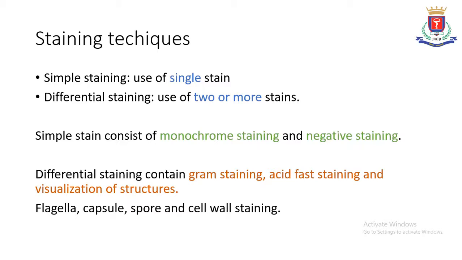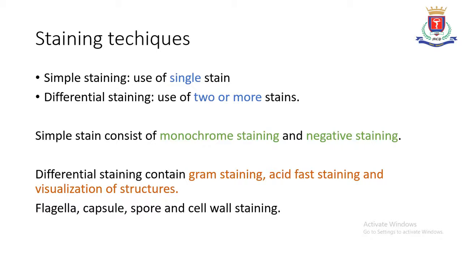Now we will see the staining techniques. Staining techniques are basically classified into two types: simple staining and differential staining. In simple staining, we use only a single stain or a single dye, whereas in differential staining, we use two or more stains.